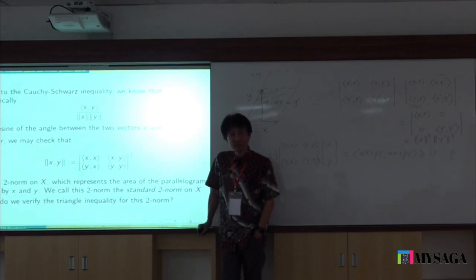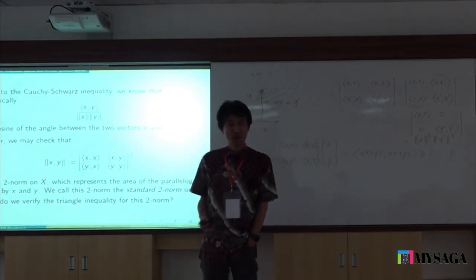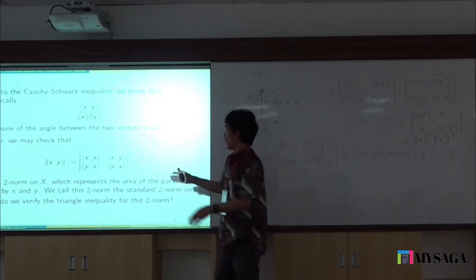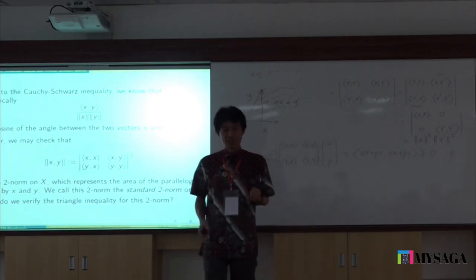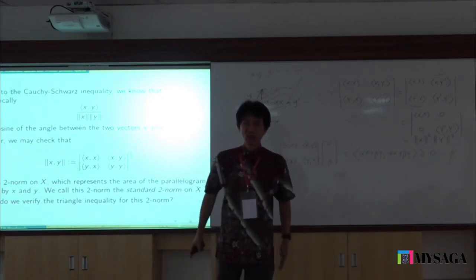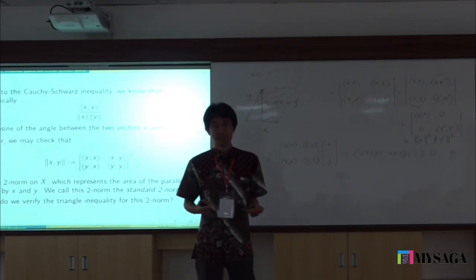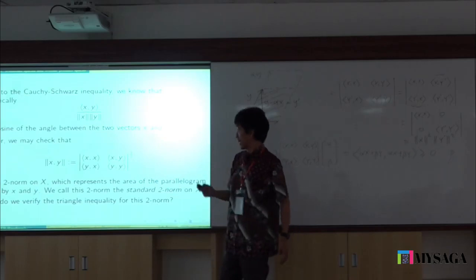Actually, the triangle inequality is always the most difficult one, right? Even for the norm. So now we claim that this is a two norm. The first property is easy, second property is easy, the third property is easy, but then the triangle inequality. How do we prove the triangle inequality? Okay, how do we verify the triangle inequality?